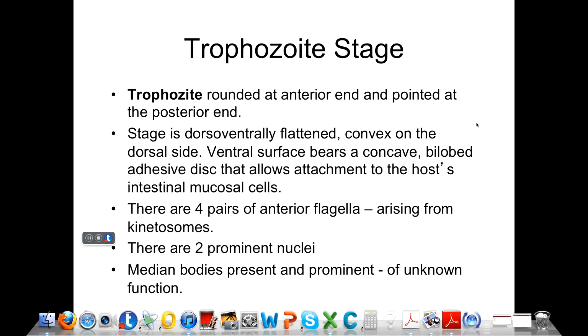As I stated, there are multiple pairs of anterior flagella, 4 pairs to be exact, so 8 total flagella that arise from kinetosomes in the anterior region of Giardia. There are 2 prominent nuclei, and the median bodies that are usually darkly stained in a fecal sample are prominent but of unknown function.